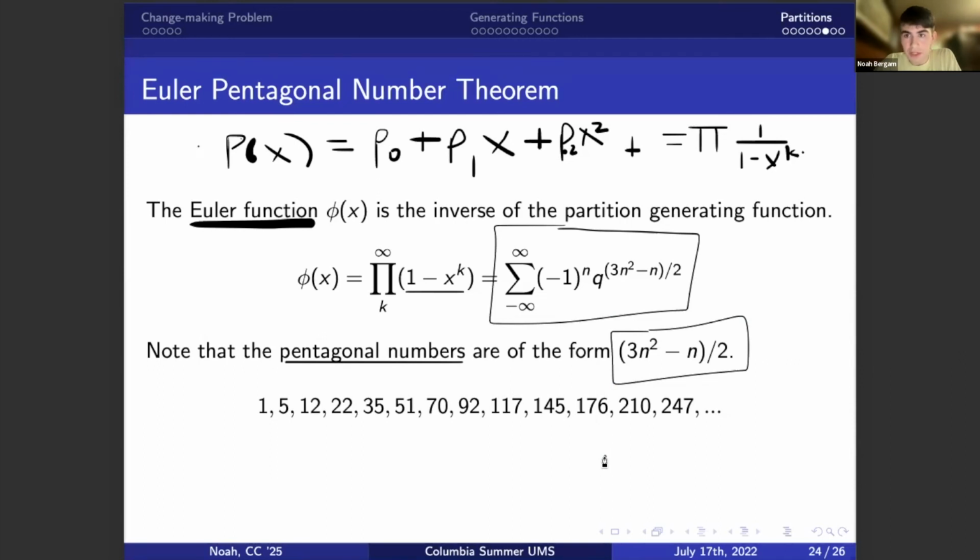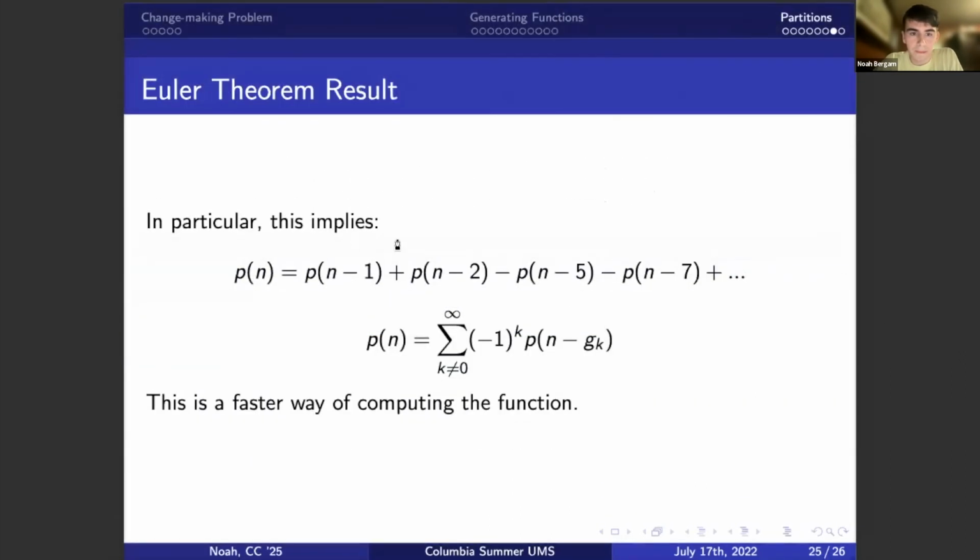Why is this useful for our discussion of partitions? Well, it implies, through some steps that I don't have time to get into, that you can create a different recursive function for calculating the partition function, and it's faster.